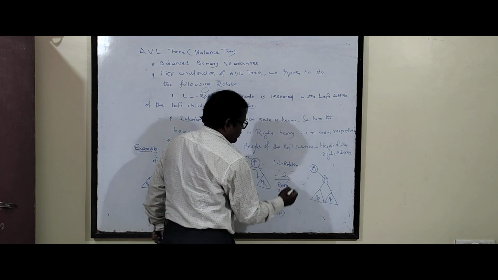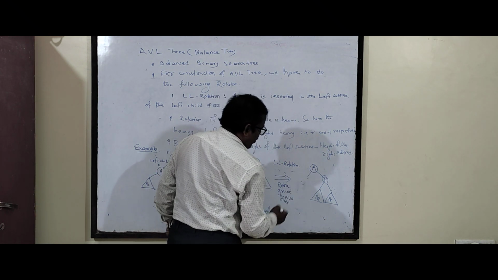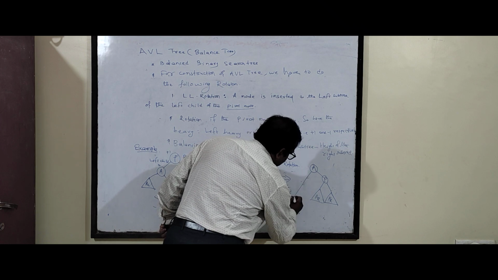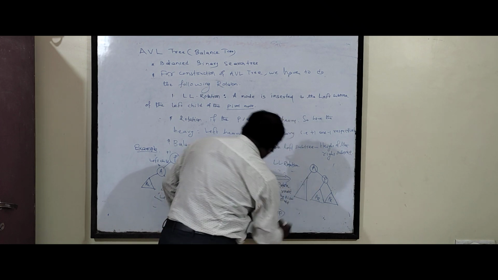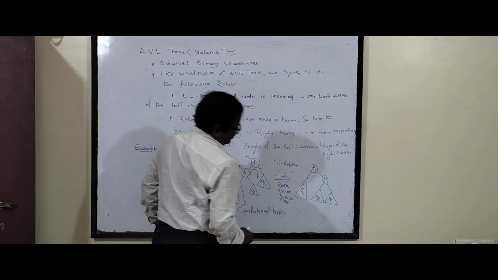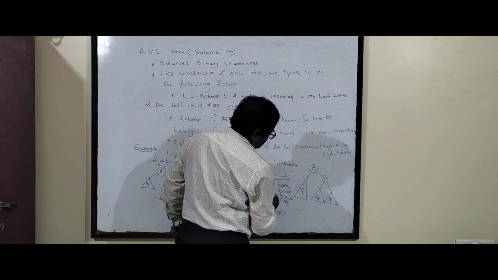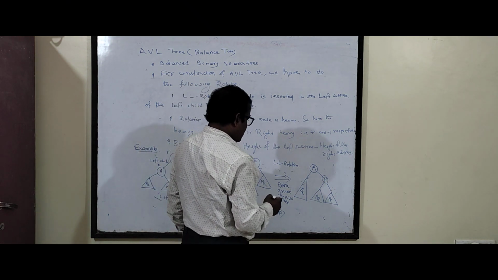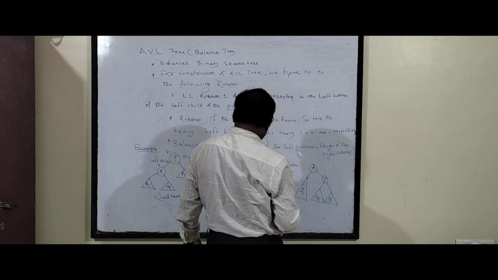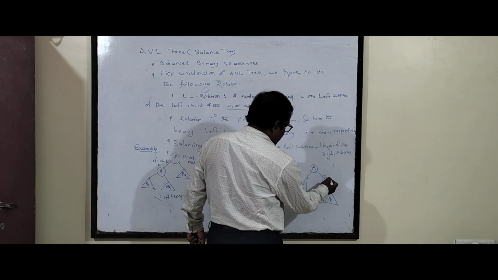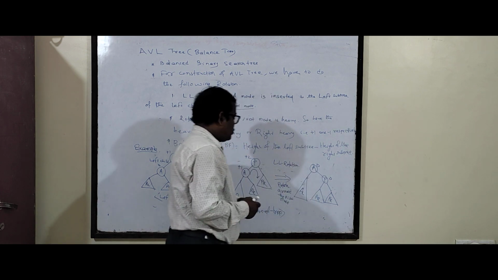The left side which you find here now comes to this part, because this was already heavy and we inserted the node at this point. You can see this particular situation. What happened? In this situation it becomes completely balanced. So here we can write 0 and this is 0 here, right?